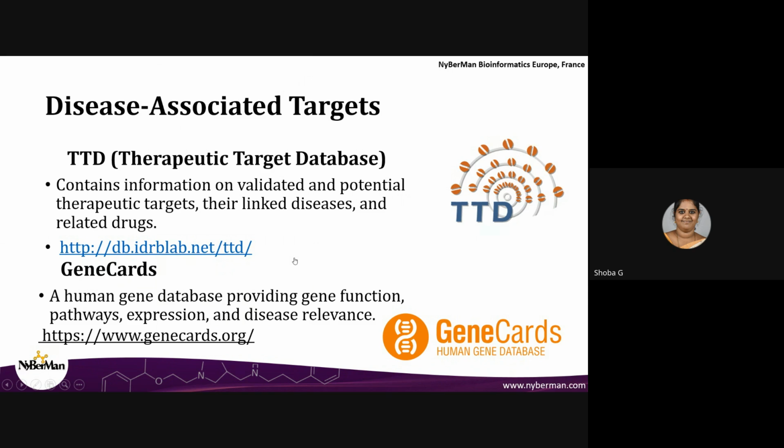For example, we could get around 100 targets for one particular disease from this database, and it is very much specific to the disease. This is completely based upon the disease name. So this database will help you to get the disease-specific proteins or the marker genes specific to the disease.